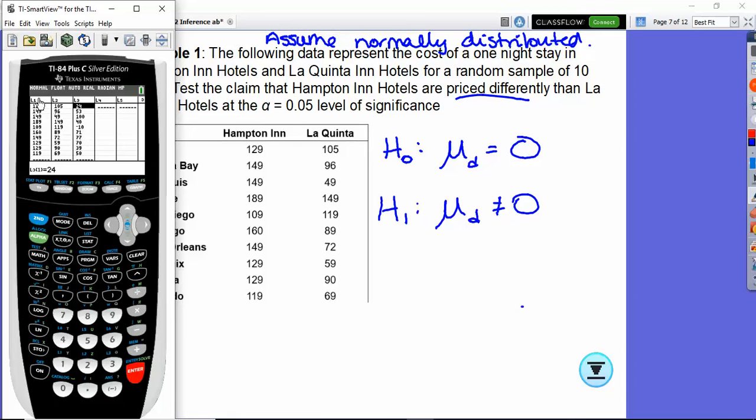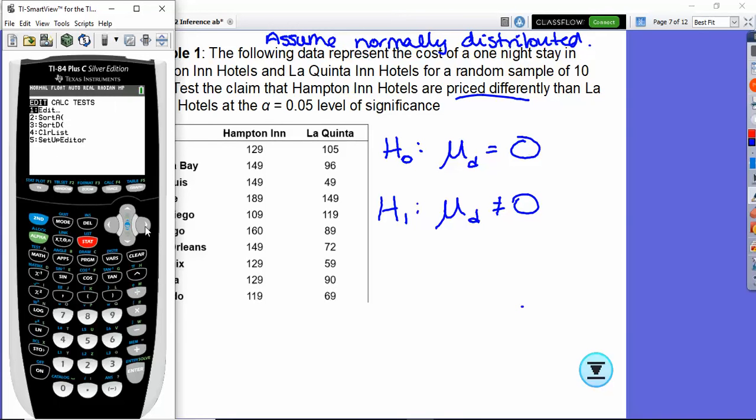So now we are no longer concerned with L1 and L2. We want to do our test on L3. So I want to talk about all the ways of doing this. Since it's already in our calculator, we'll probably ultimately use the calculator here. When we're talking about the means, what test do we do? T-test.